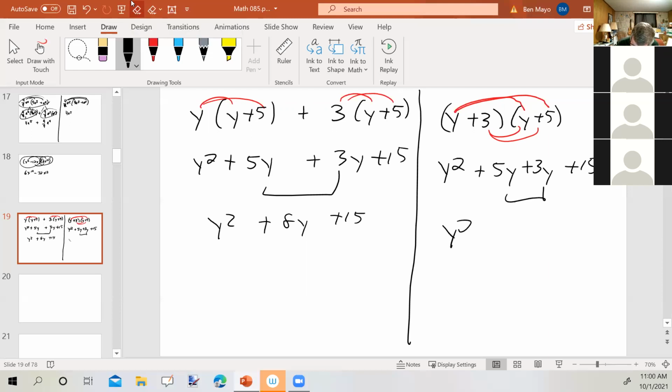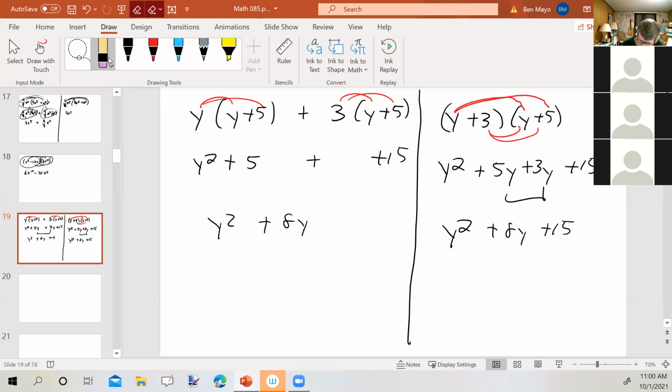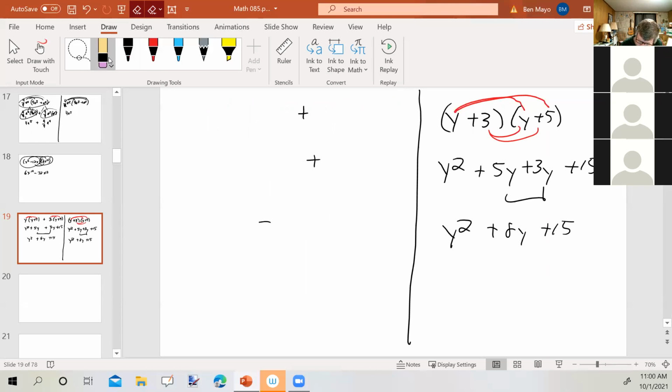Combining like terms, I get y squared plus 8y plus 15. Any questions about that? All right, now I'm going to go back and do this problem yet a third time.